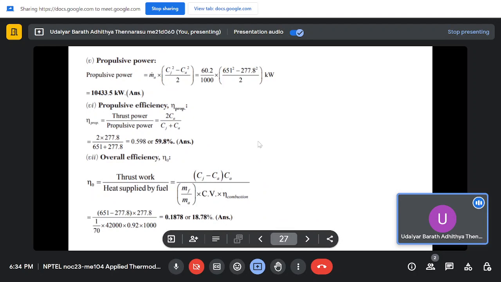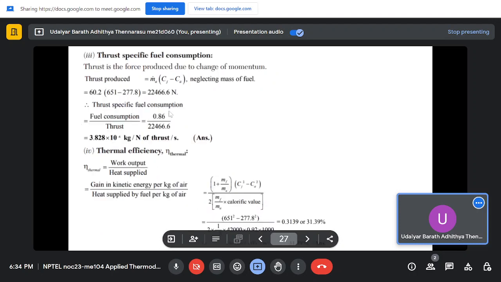The next one is to find out the propulsive power. The propulsive power is nothing but the change in kinetic energy of the air. Here this was the change in kinetic energy. If you see, for the work output the change in kinetic energy at the exit will be fuel plus air, and at the inlet will be air.